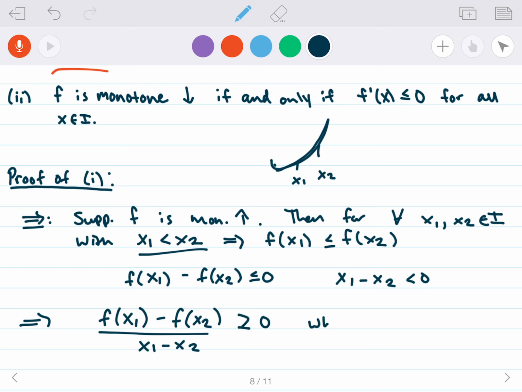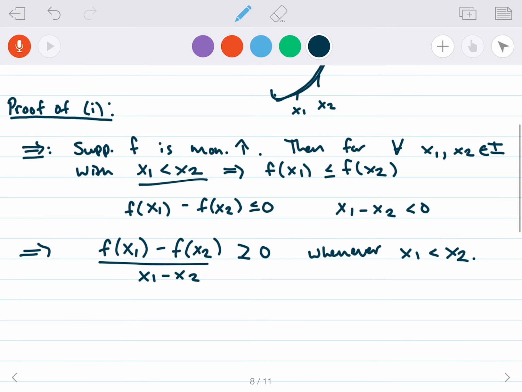And this is whenever x1 is less than x2. Okay? So we know that this thing is differentiable on our interval.